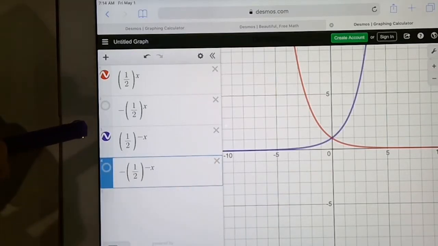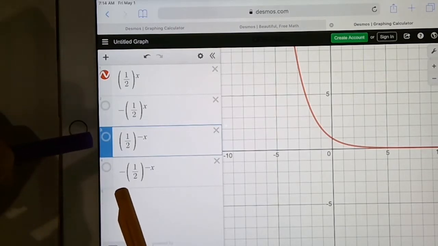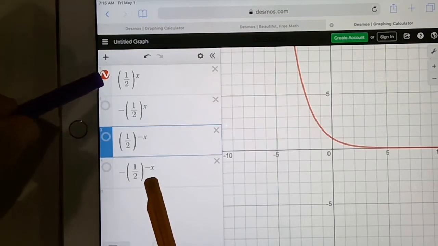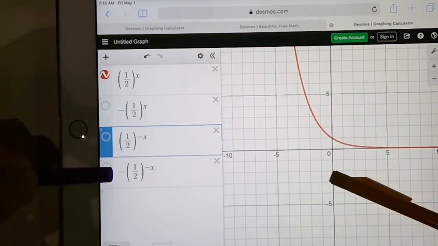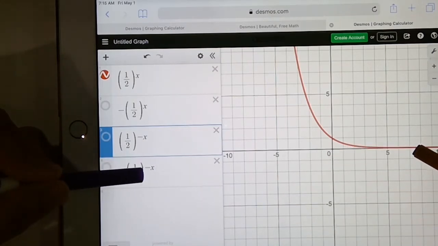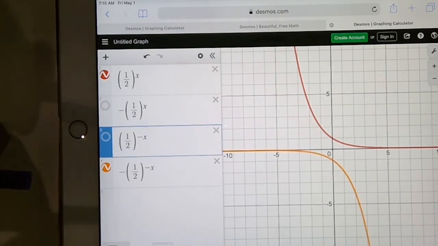There you go. So then the last one is, what will a negative and a negative do to your graph? Okay, it's going to open down first, so reflect across the x-axis, and then it's going to reflect it across the y-axis. So can you tell what that looks like? All right, there you go.